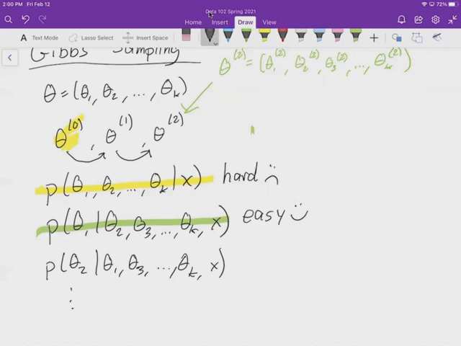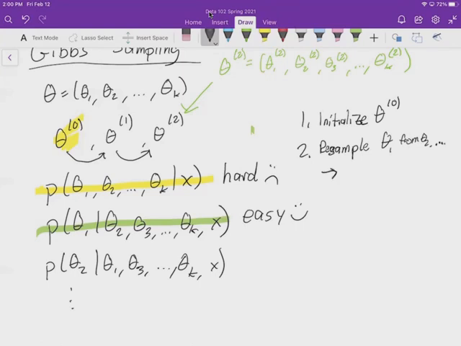So step 1 is initialize theta 0, however you want. Step 2 is resample theta 1 based on theta 2 and so on.